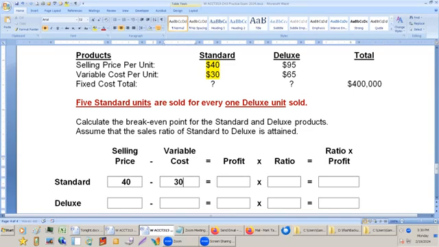We're making 10 buckaroos. We're making on each deluxe, wait a minute. Each deluxe, we're making 95 minus 65 equals 30.